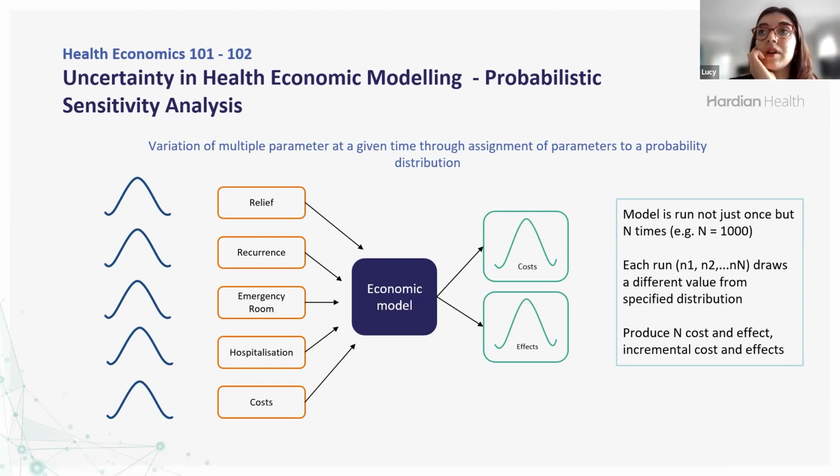Essentially what you do is you run the model a certain number of times, typically 1,000, in what we call a Monte Carlo simulation. For each run, you then derive an incremental cost effectiveness ratio, and can derive things like mean incremental costs and mean incremental effects, and account for uncertainty through those also.